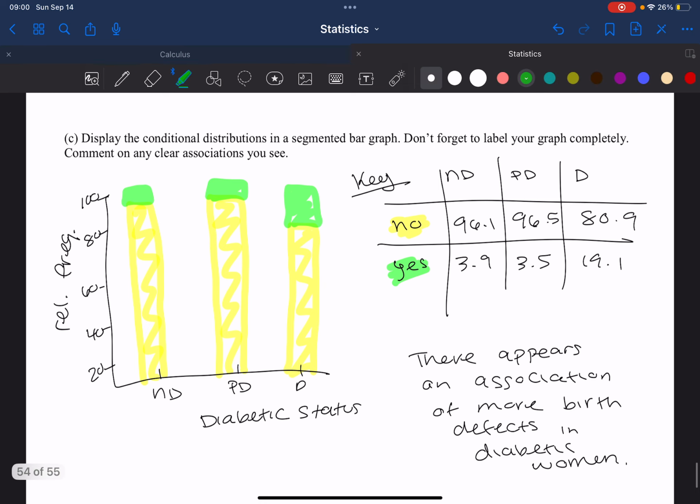Okay. Remember, this is an association, not a correlation. We're not saying that if you have diabetes, you are guaranteed to have a child with birth defects.